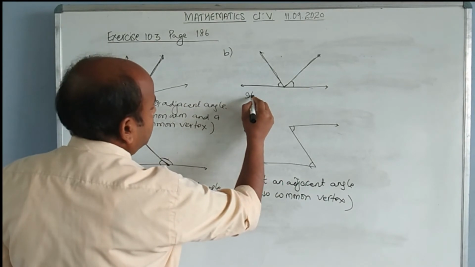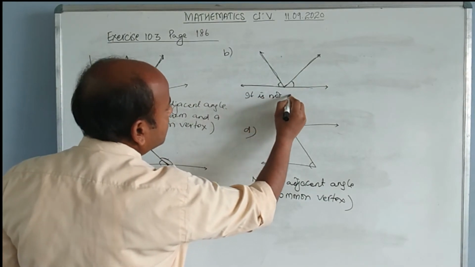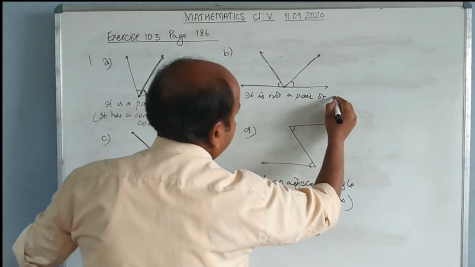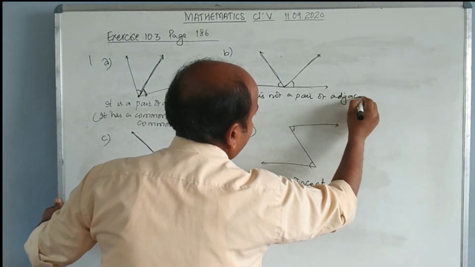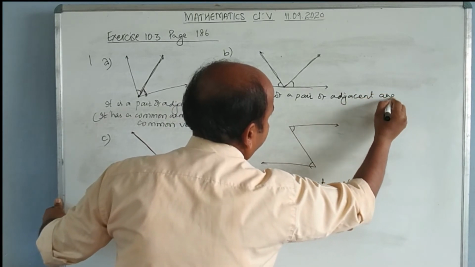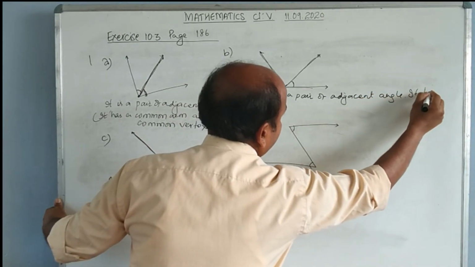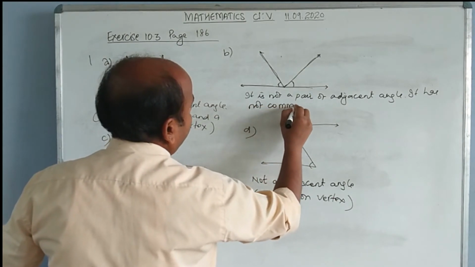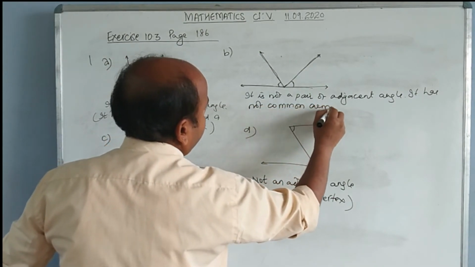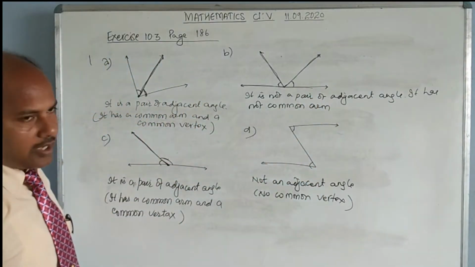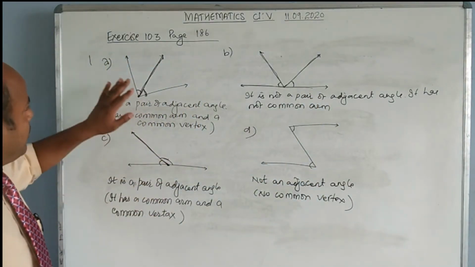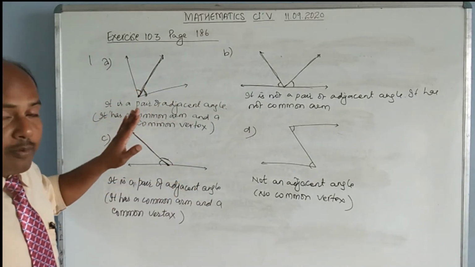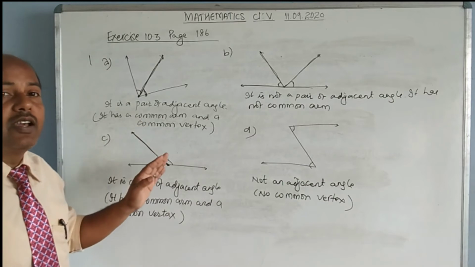So it is not a pair of adjacent angles. It has no common arm. So this is how you need to do number 1A. Draw the picture and write whether it is a pair of adjacent angles or not and give the reason also.